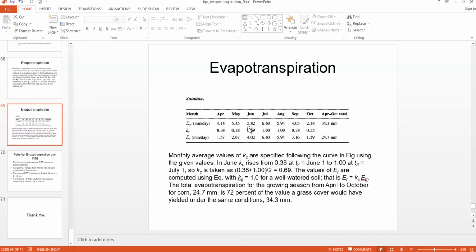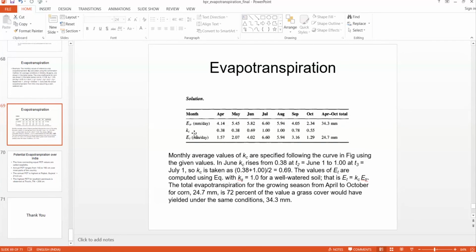As we are moving into the summer, the ETR values are increasing. Once the summer is over at the July end, then the ETR values are decreasing. So the total amount of water required by the reference crop during this 6 months period, okay, 1, 2, 3, 4, 5, 6, is 34.3 mm.